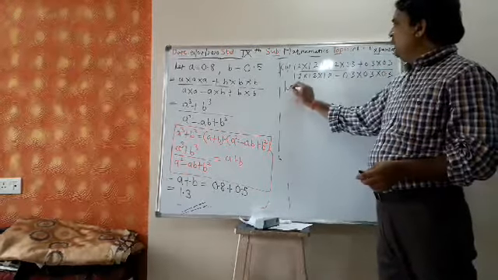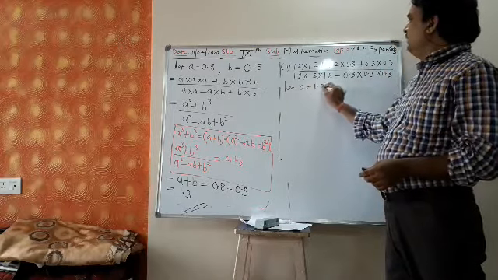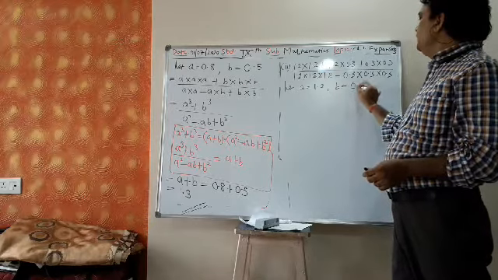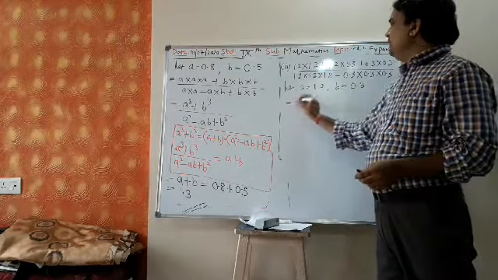Same method. I will take A as 1.2 and B as 0.3. Then I will identify the type.